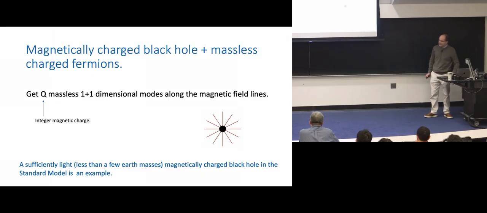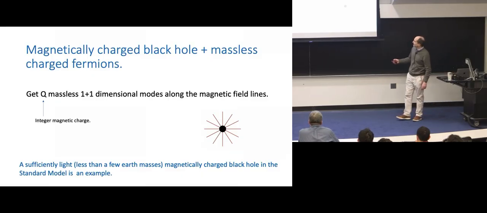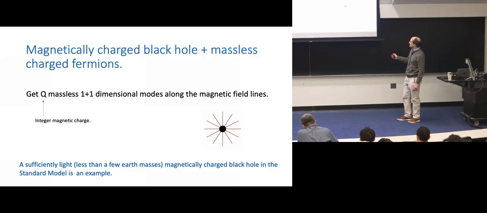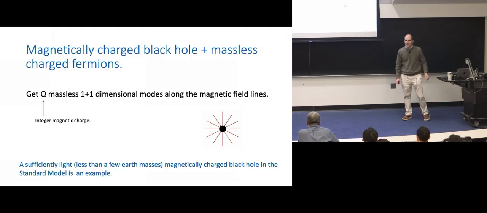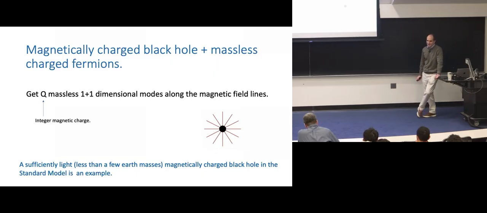The other example, which is somewhat related, is if you had a magnetically charged black hole, so there are magnetic field lines, and then you have a massless 4-dimensional charged field, then you get effectively massless 1D fields along the magnetic field lines that come from the lowest Landau level of those fields.